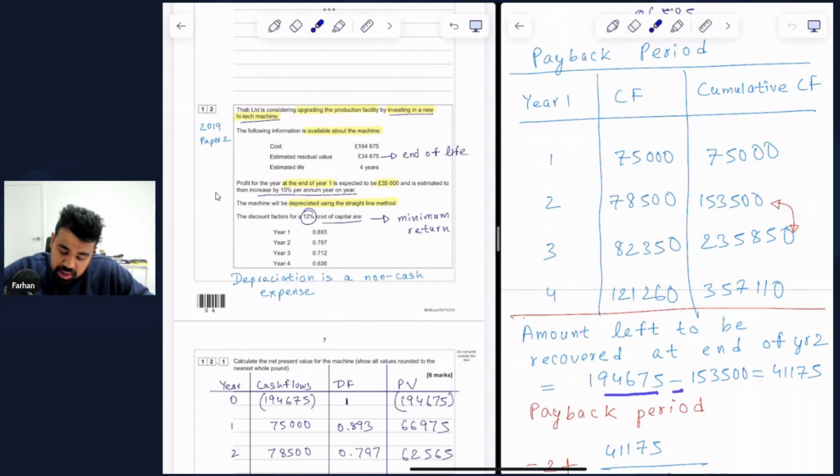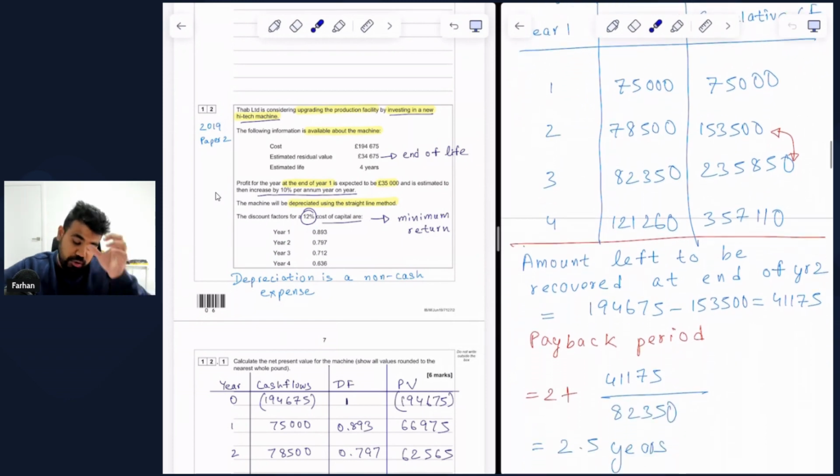We subtract what we have recorded so far until end of year two, which includes both year one and year two. That means you are still left to recover 41,175. So where are you going to recover this 41,175 from? From the cash flow that you're receiving in year three.